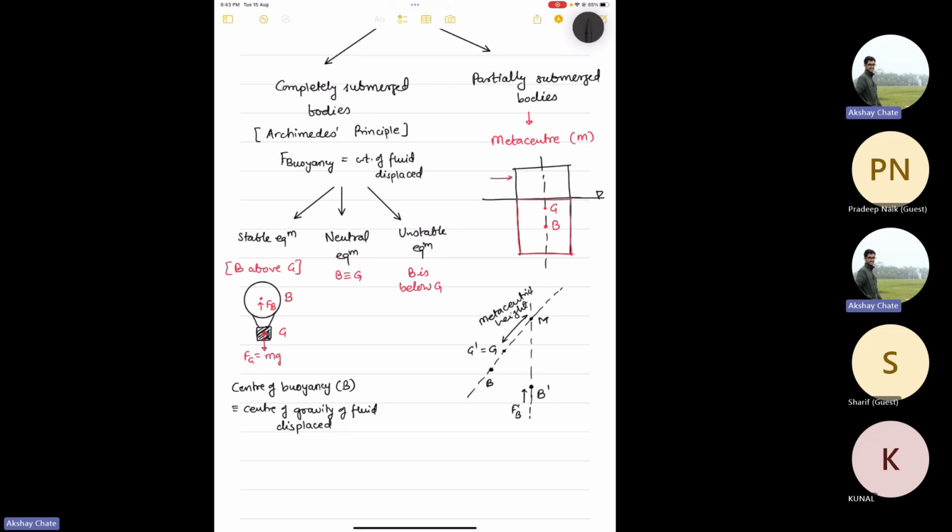And based on that, again, they do a similar analysis where they apply some couple and check whether the body comes back to its original position or not.